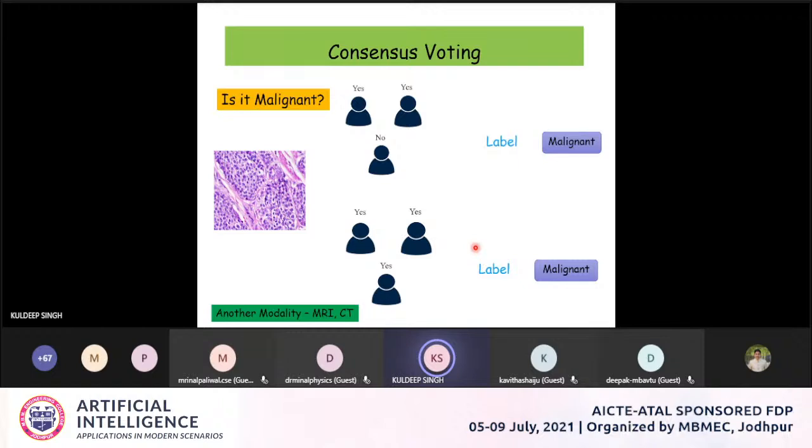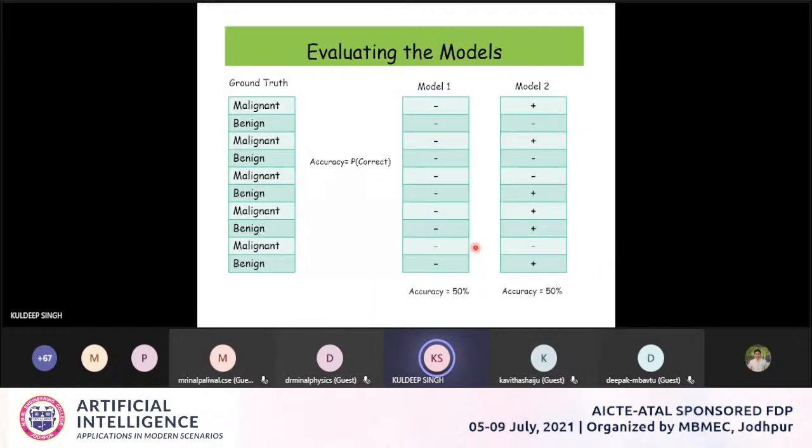So apart from histopathology images, we can use other modalities like MRIs and chest X-ray, or the CT images, computed tomography images, to check whether this patient is having symptoms of cancer or not. So that is the way we can solve this ground truth annotation problem.